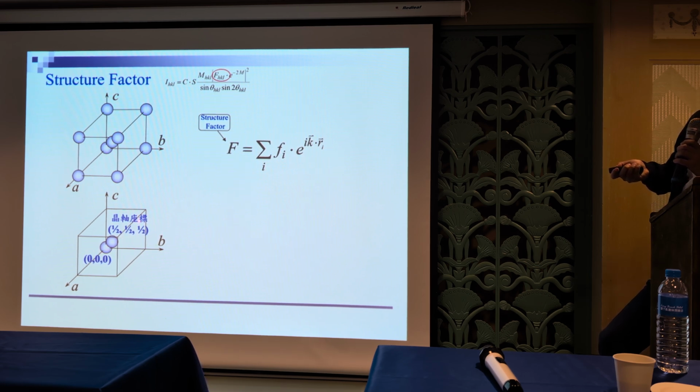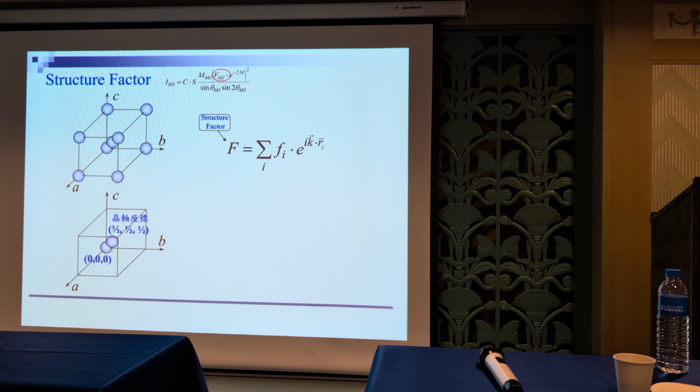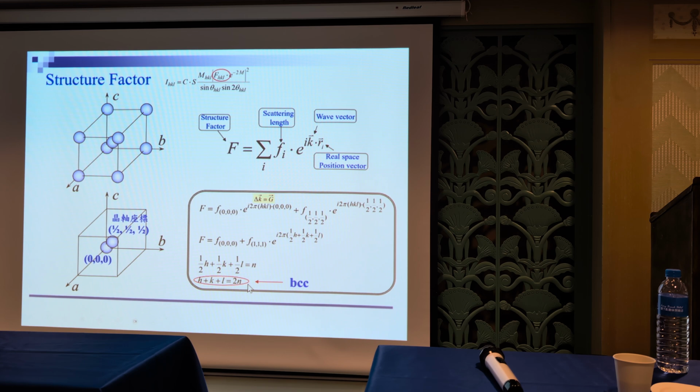In this case, we do not use the duplicate reflections such as 001 or 010 or 011, because these are duplicates. So we only count these two items, and we insert them into the equation here. I don't want to spend too much time here. You can get the structure factor from this equation, and it will tell you which diffraction peaks or Miller indices will appear in the diffraction pattern.